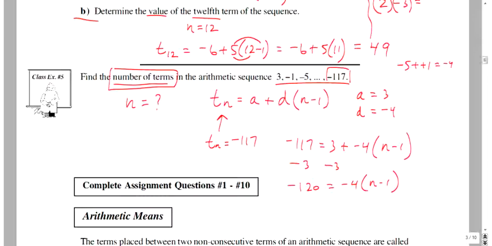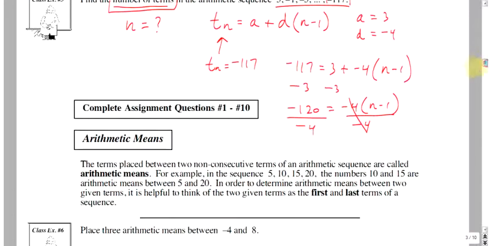Getting closer. I could get rid of those brackets and distribute that negative 4, but I could also get rid of it right now. How do I get rid of it? This whole thing is times negative 4. Why don't I just divide it away? How many times does 4 go into 120? 30?